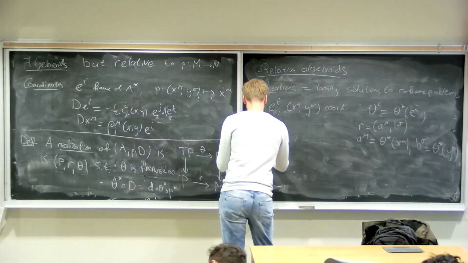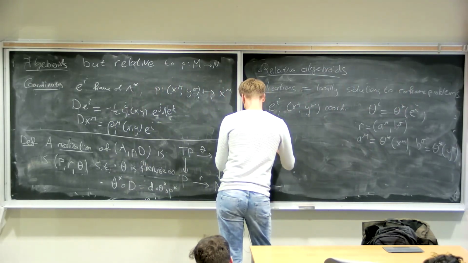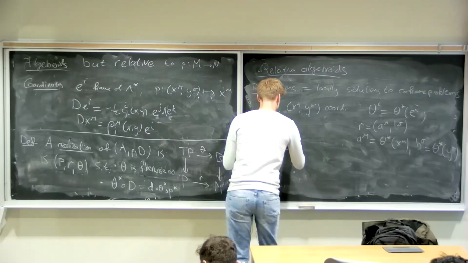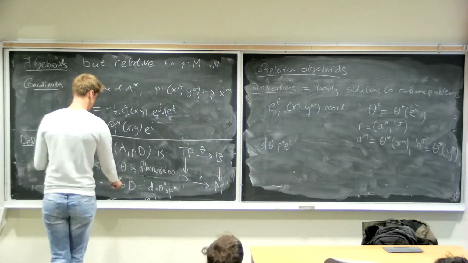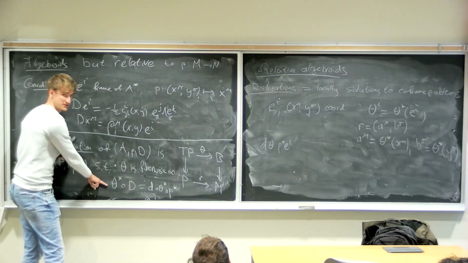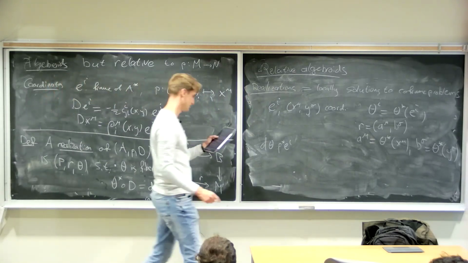And then in the equation, d theta star of e_i, those are the e_i components of this equation. Can do left and right, see what you get.